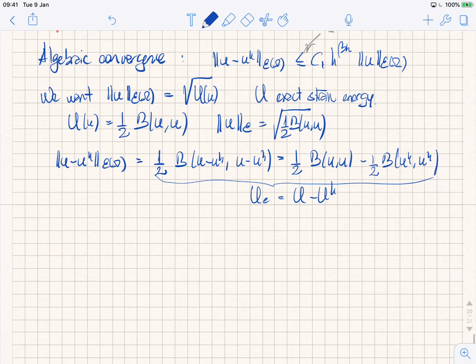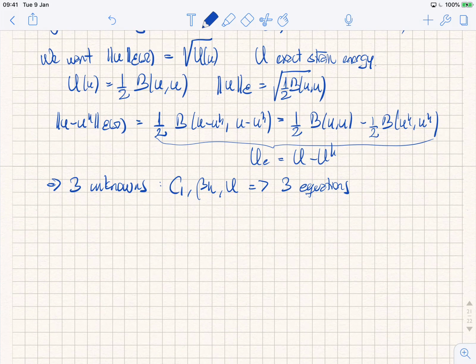So let's write that down. The unknowns are my C1, my beta_h, and my U. 3 equations, and then we're going to write those 3 equations.